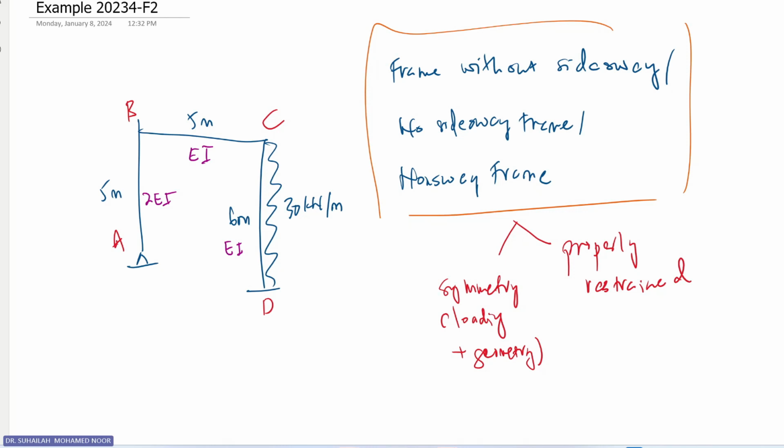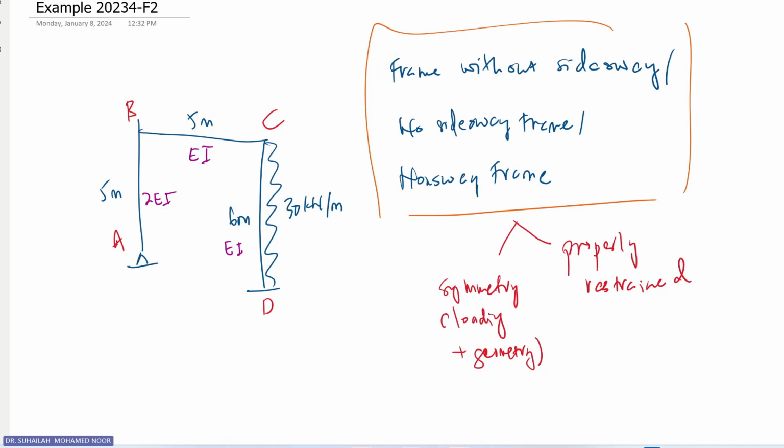One is FEM due to external loading, and another one is FEM due to delta, due to side sway. We cannot combine these two together. We have to calculate them separately.